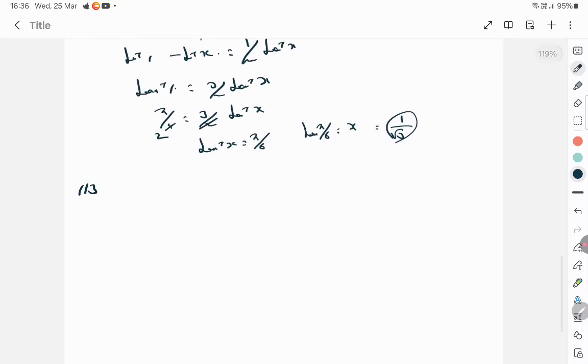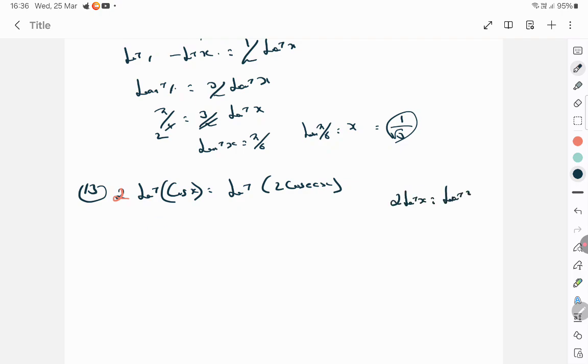So let's go to the 13th question, which is 2 tan inverse of cos x is equal to tan inverse of 2 cosecant x. When you have 2 tan inverse, you always need to convert into 1 tan inverse. 2 tan inverse of x is tan inverse of 2x by 1 minus x square, where in the place of x you have cos x.